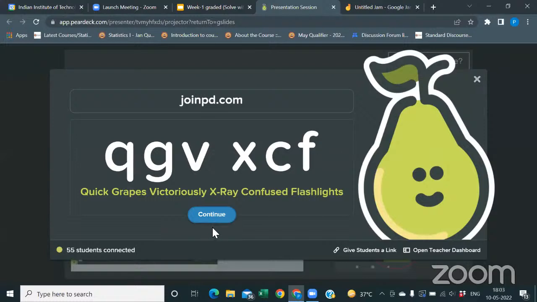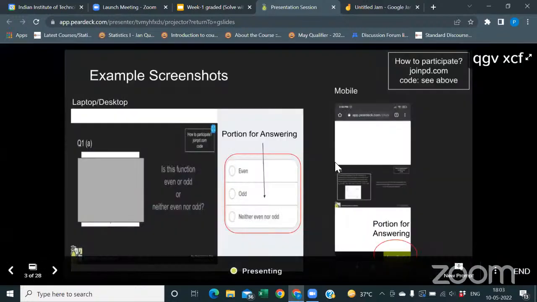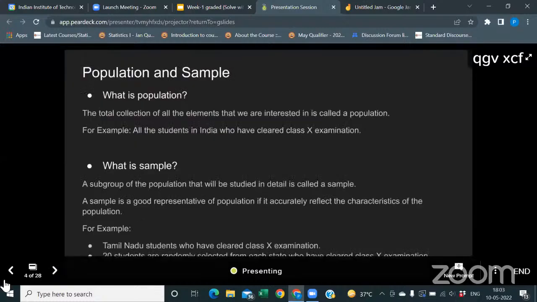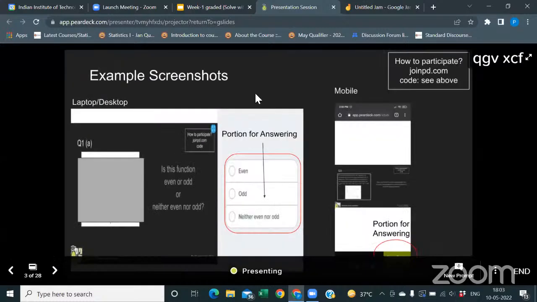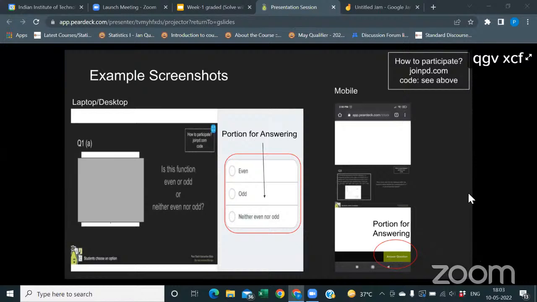There are 55 students. Okay, I think we can start. How to submit the answer? Sir, when you say this is graded, do these numbers get allocated against our marks?